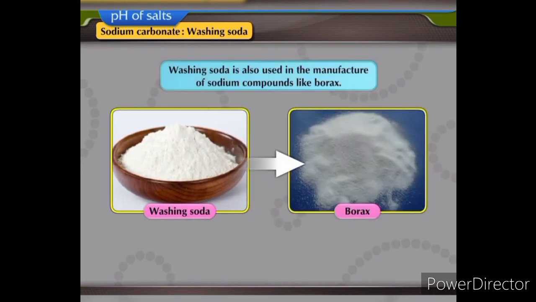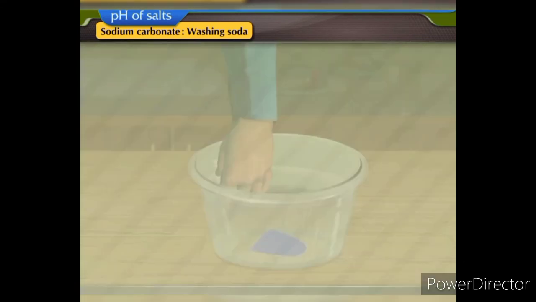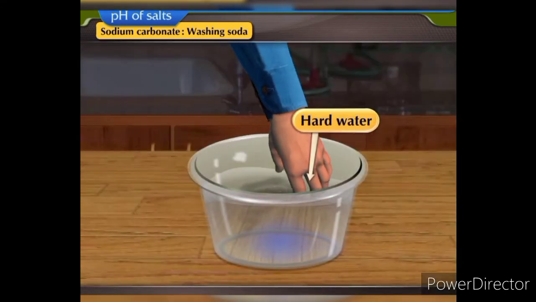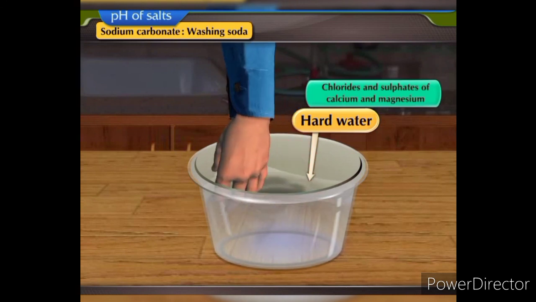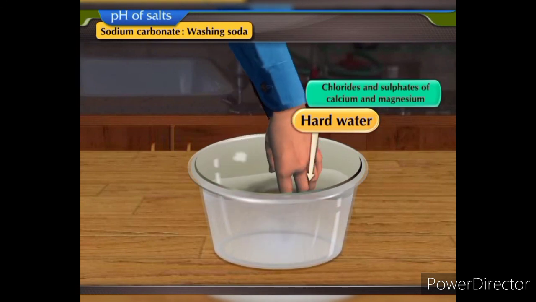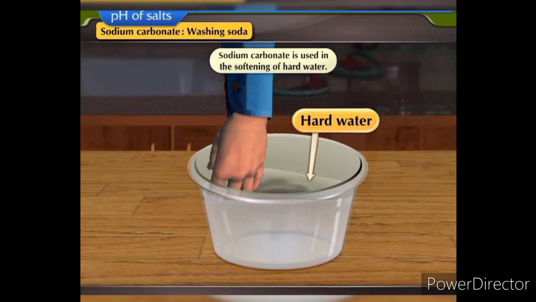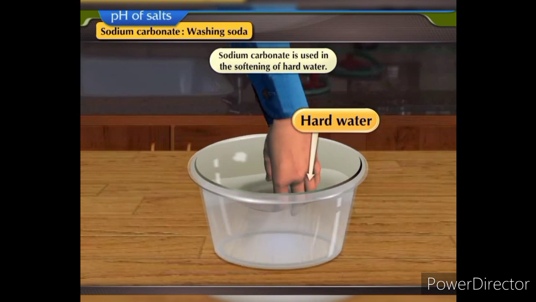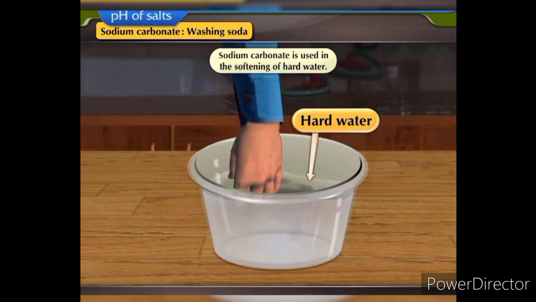It is also used in the manufacture of sodium compounds like borax. Water becomes hard due to the presence of chlorides and sulfates of calcium and magnesium. Sodium carbonate is used in the softening of hard water.